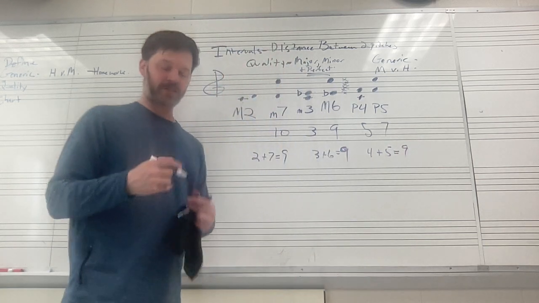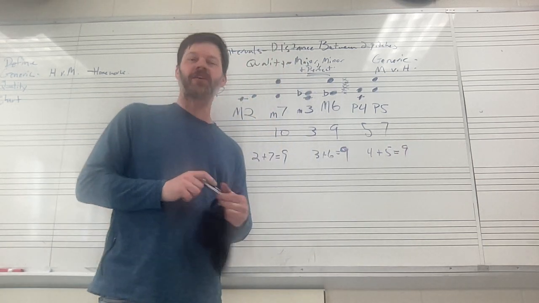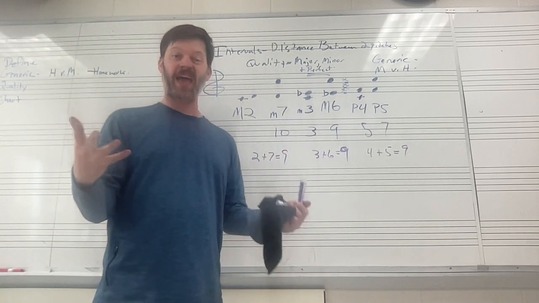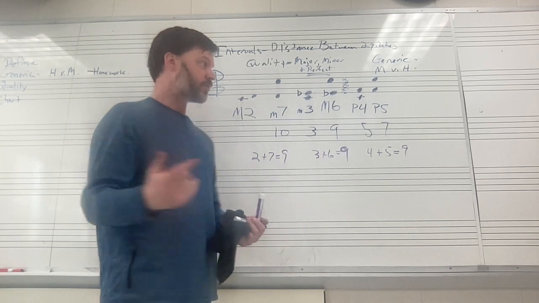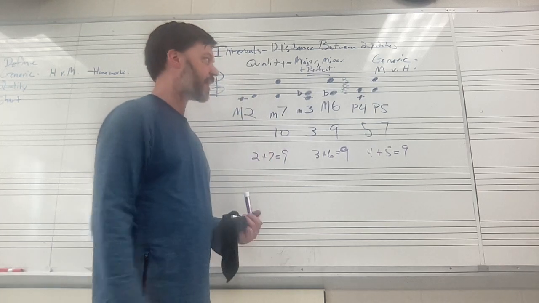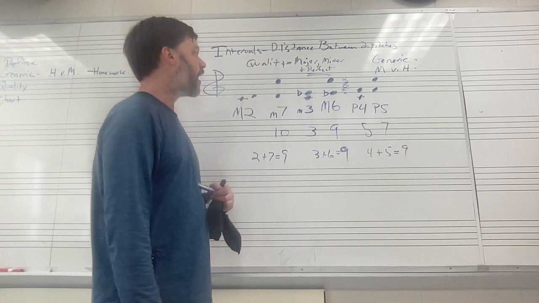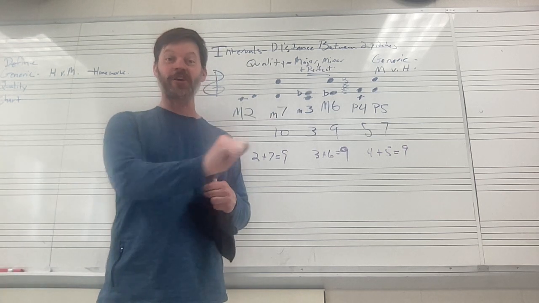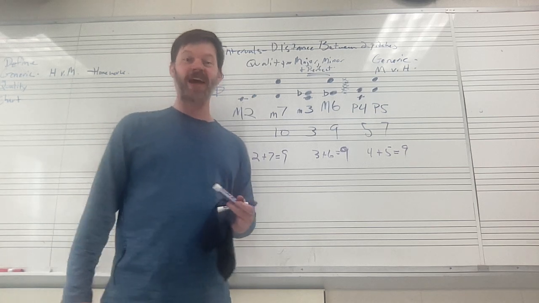So if I invert any set of intervals, the generic number will always add up to 9. So if I have a second, I invert it, I know it's going to be 7 because 2 plus 7 is 9. Okay? If I take a sixth and I invert it, I will get a third because 6 and 3 add up to 9.